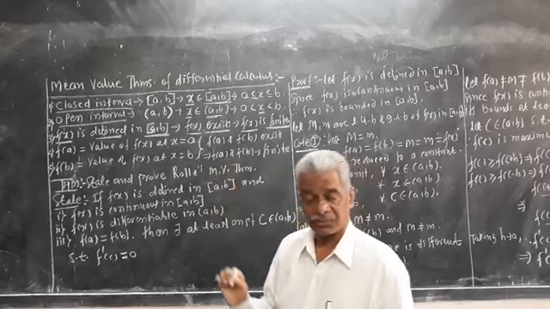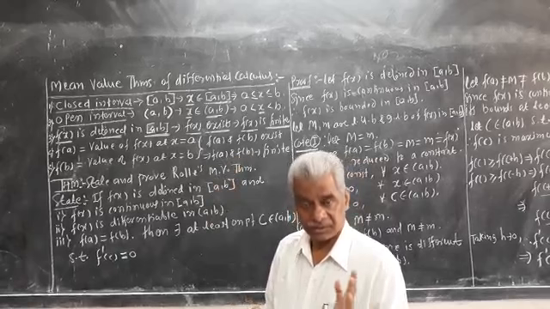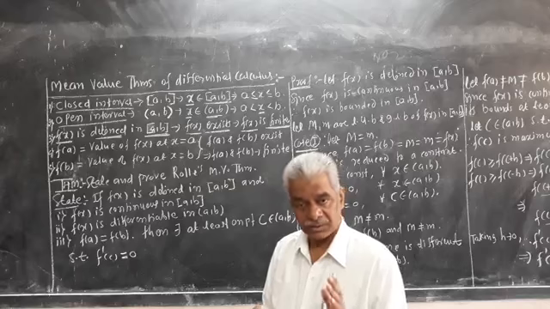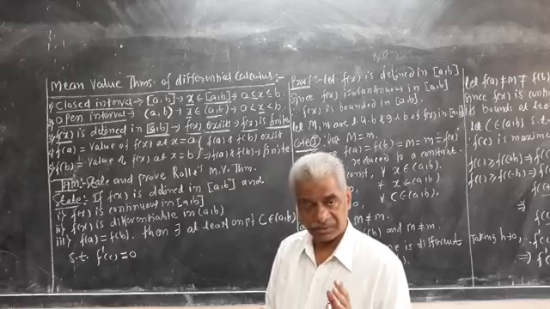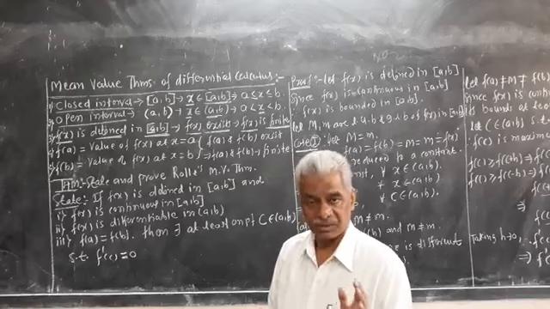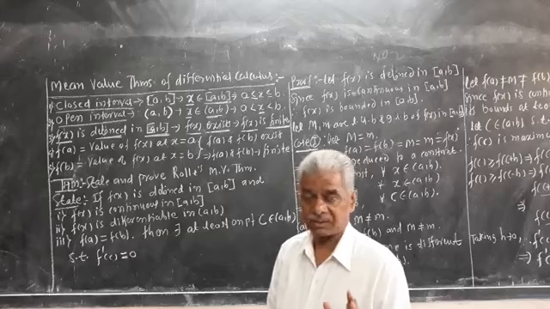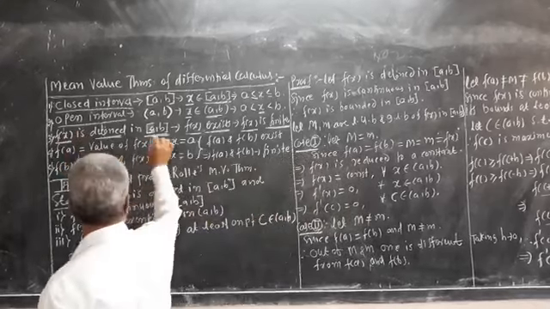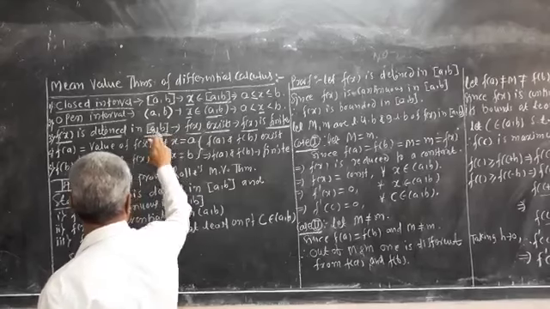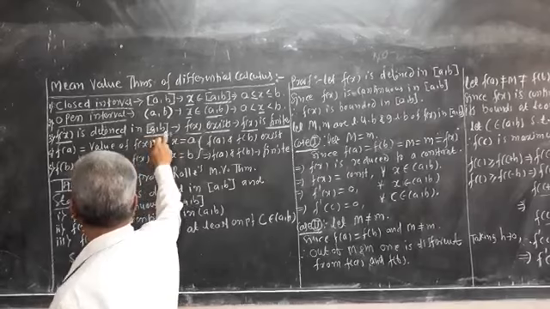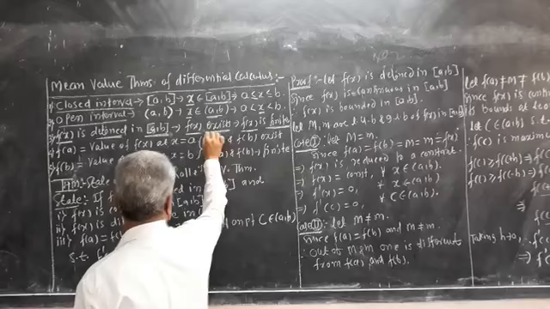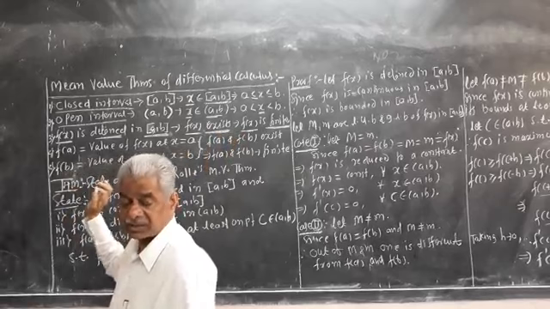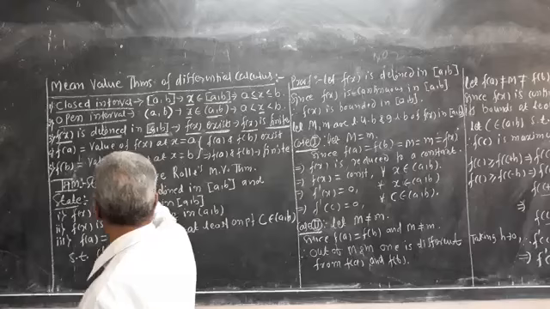It means that the function exists in that interval, or the function has a finite value in that interval. Here f of x is defined in the closed interval AB.